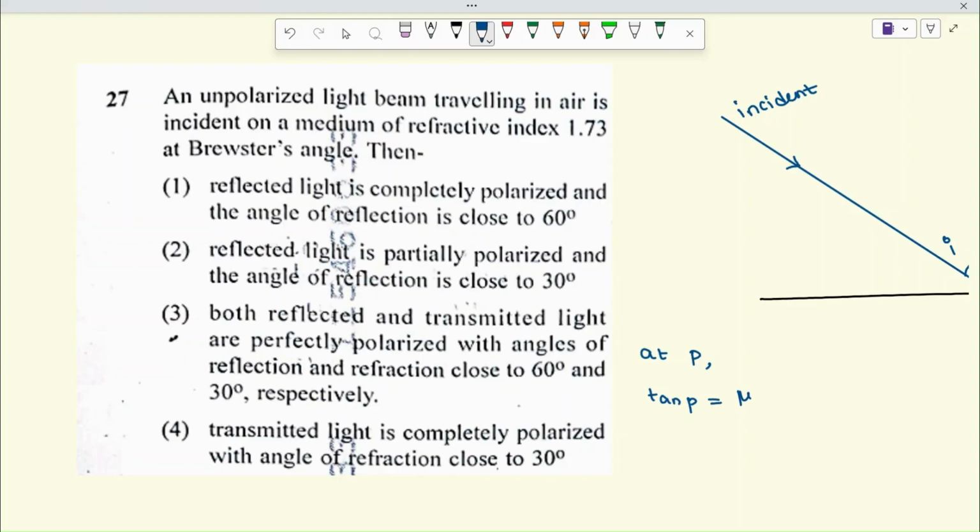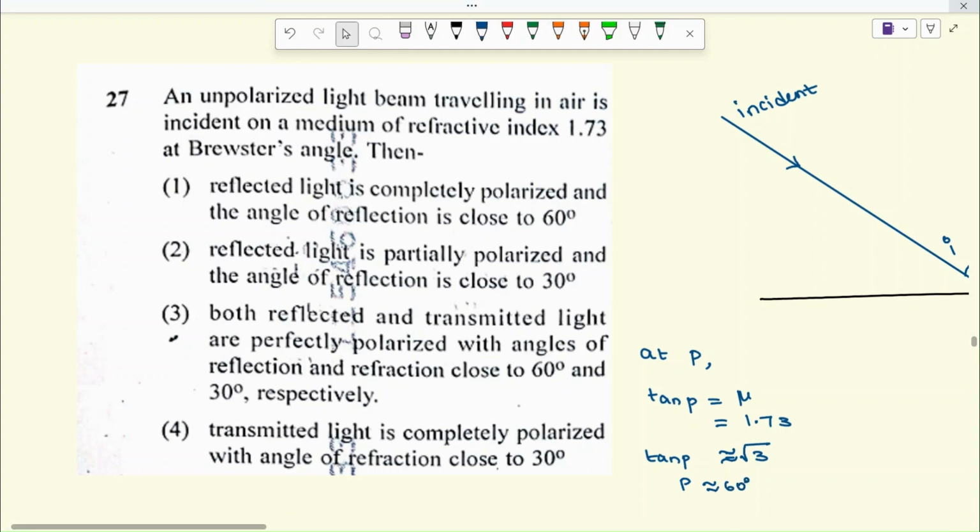And the refractive index is given as 1.73, which is nearly root 3. So tan p is approximately root 3, hence p is nearly equal to 60 degrees. This is the angle of incidence.